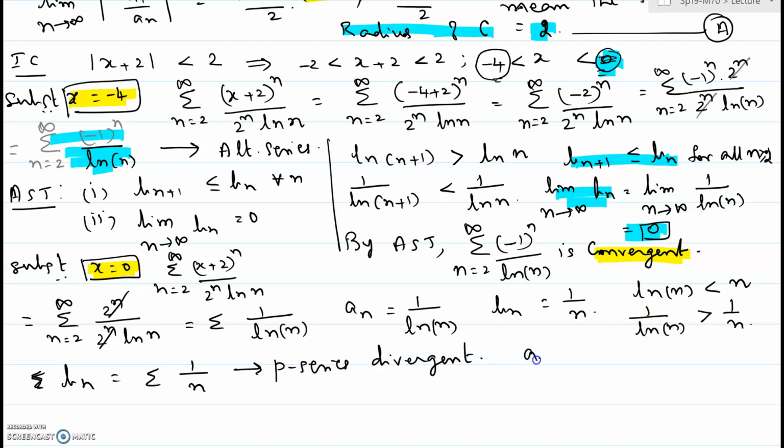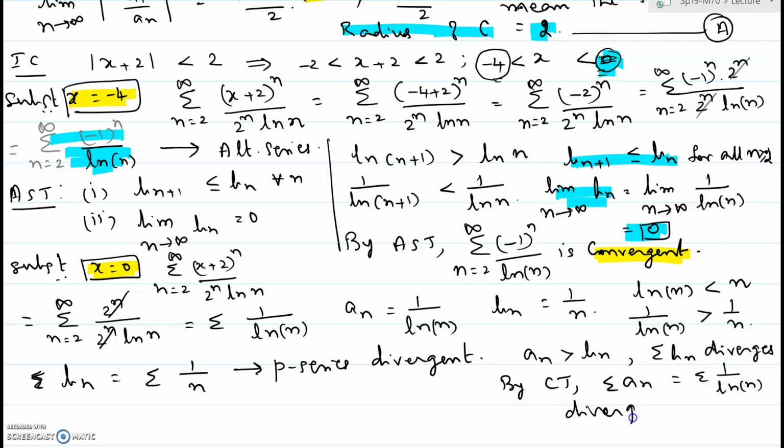As a sub n is more than b sub n and sigma b sub n diverges, by the comparison test we can conclude that sigma a sub n, which is nothing but sigma 1 over ln n, also diverges.